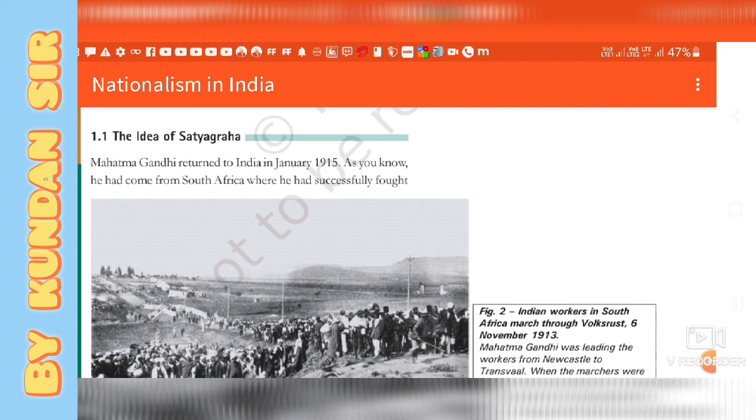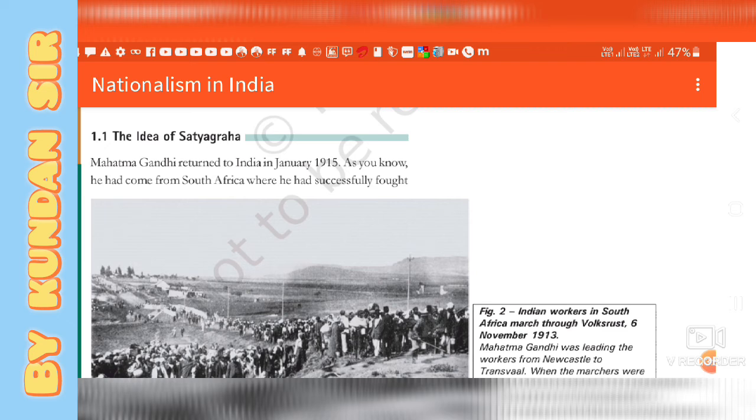And you know, one of the guys from Narkatiyaganj, his name is Rajkumar Shukla. He was the person who inspired Gandhi ji to come to Champaran, because the farmers of Champaran were badly affected by the British, because they had forced the farmers to do indigo farming. I hope you know very well, indigo matlab नील की खेती.